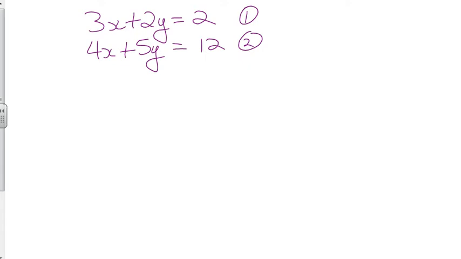Now, be aware, maybe these are written as 3x plus 2y minus 2 equals 0, and the other one's written as 4x plus 5y equals 12. So you want to make them look the same, right? In other words, usually when we solve by elimination, we have the x, the y, equals, and then the number. Just usually makes it easier to solve. Doesn't really matter, you could have x, y, number equals 0, right?